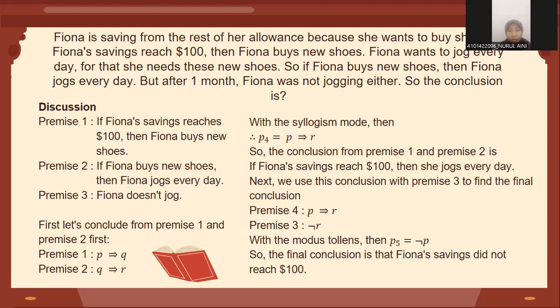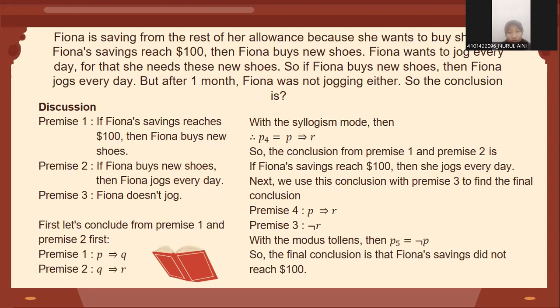Premise 1 is P then Q, because if Fiona's saving reaches $100, then Fiona buys new shoes. So if P, then Q. Premise 2, if Q, then R. If Fiona buys new shoes, Fiona jogs every day.